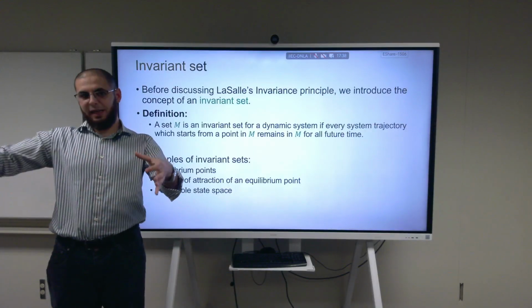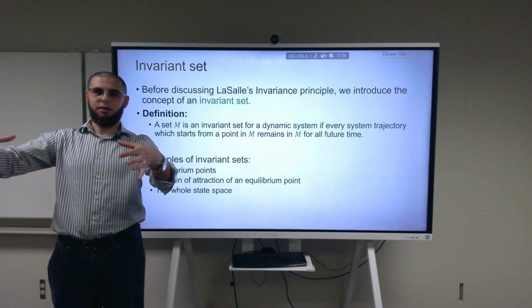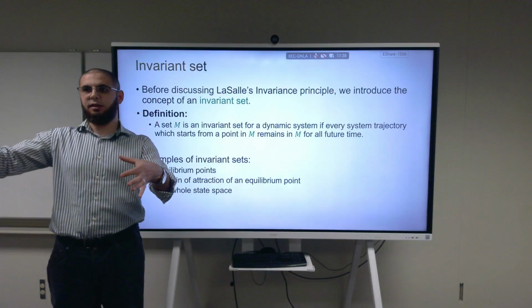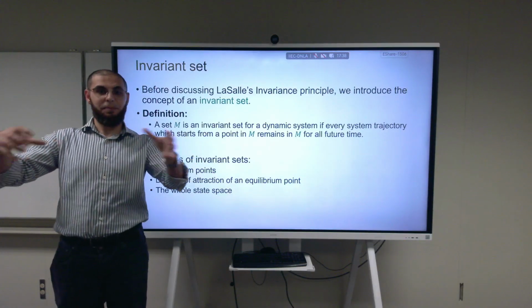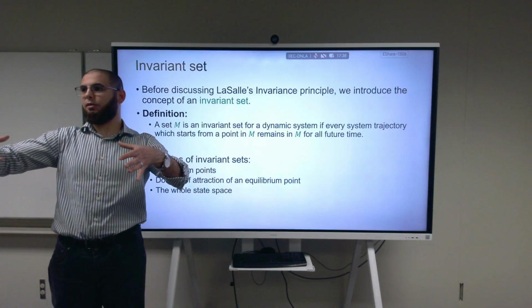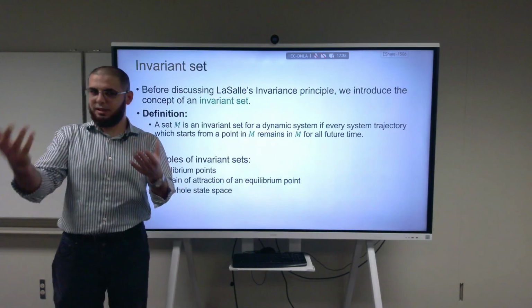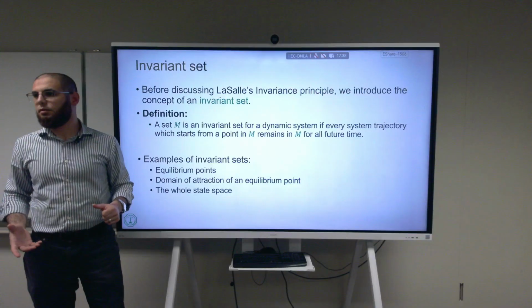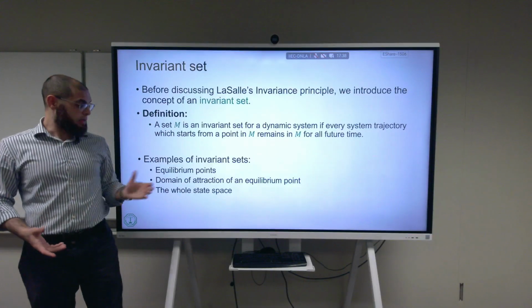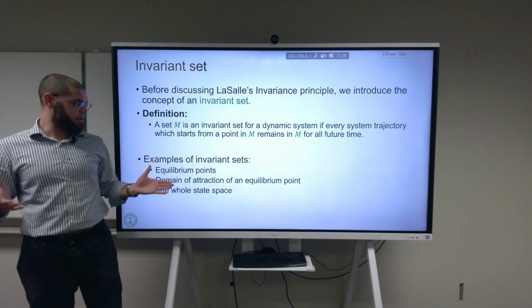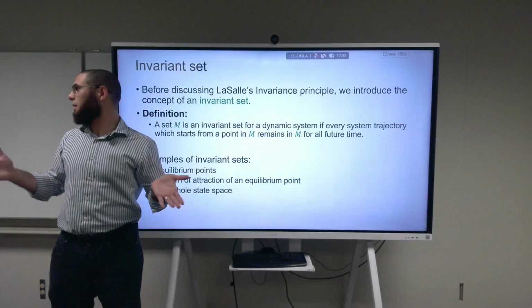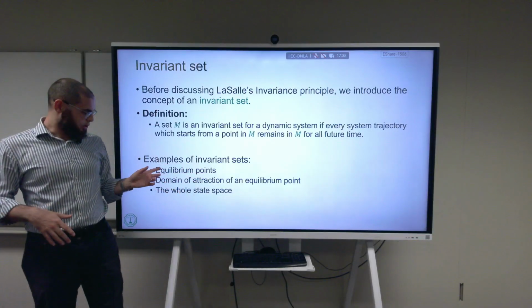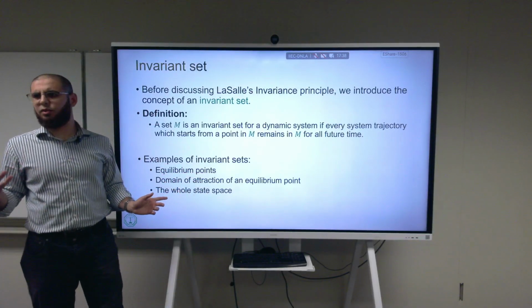If you take this bigger part of the state space and you start in it, you converge to the equilibrium point, but did you get outside of this domain of attraction? No, you stayed in it. So that's another example of an invariant set. A third example, which is actually trivial, is the whole state space. You start anywhere in the state space, you never exit out of it. So the first and the third examples are trivial.